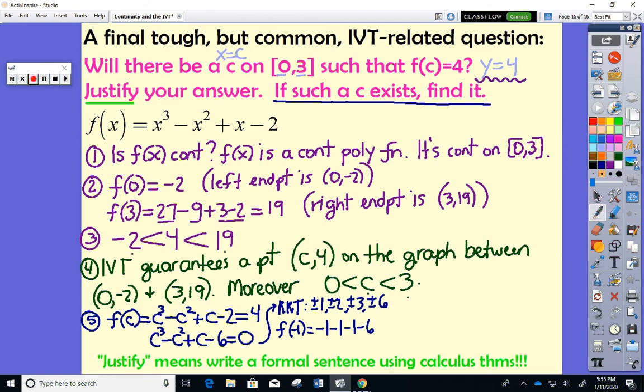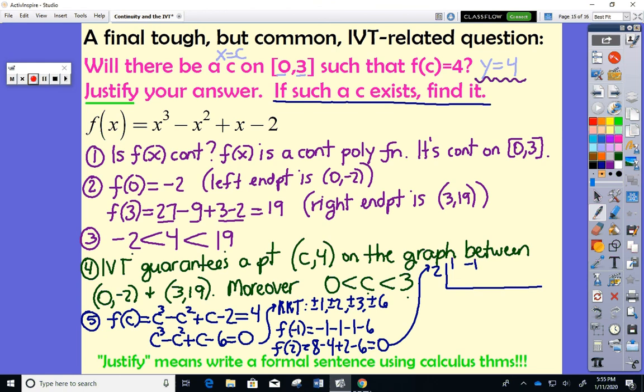Okay, yeah, looks like I'm going to have to plug in some positives. So how about f of 2? 2 cubed is 8 minus 2 squared, which is 4, plus 2 minus 6. That's going to give me 10 minus 10 is 0. Yay, I found one.